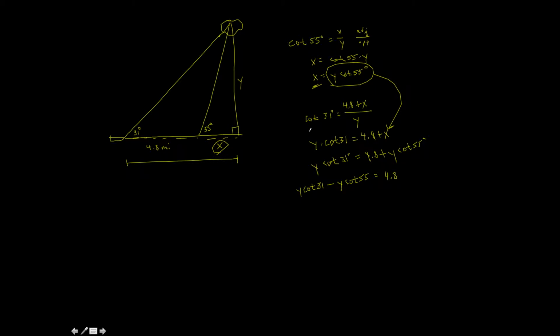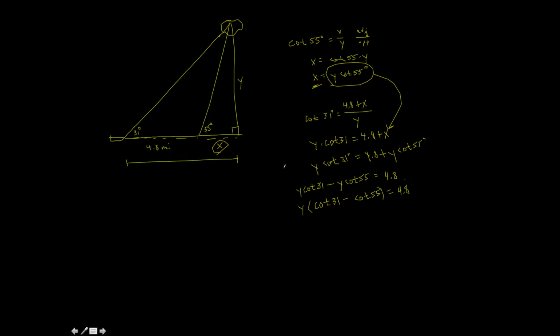Alright, so using our algebra skills, we can factor out a y. And that's going to give us y times cotangent of 31 minus cotangent of 55 equals 4.8.